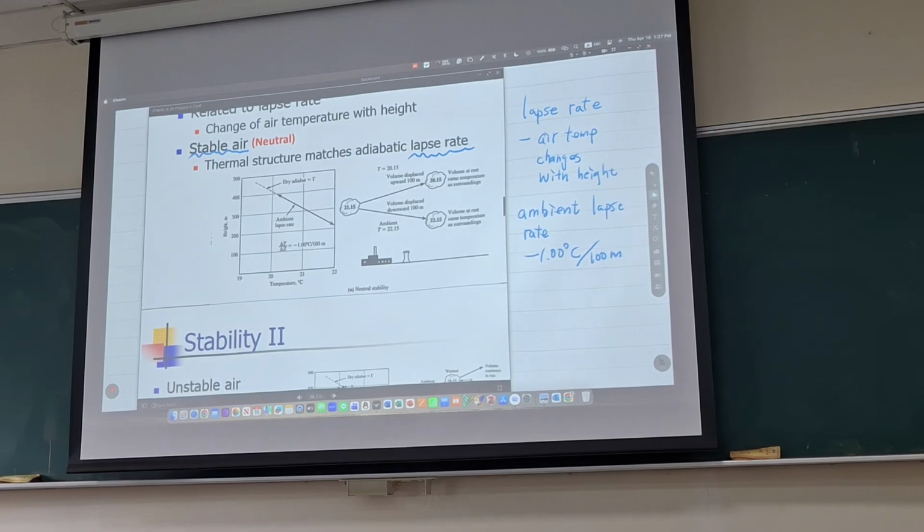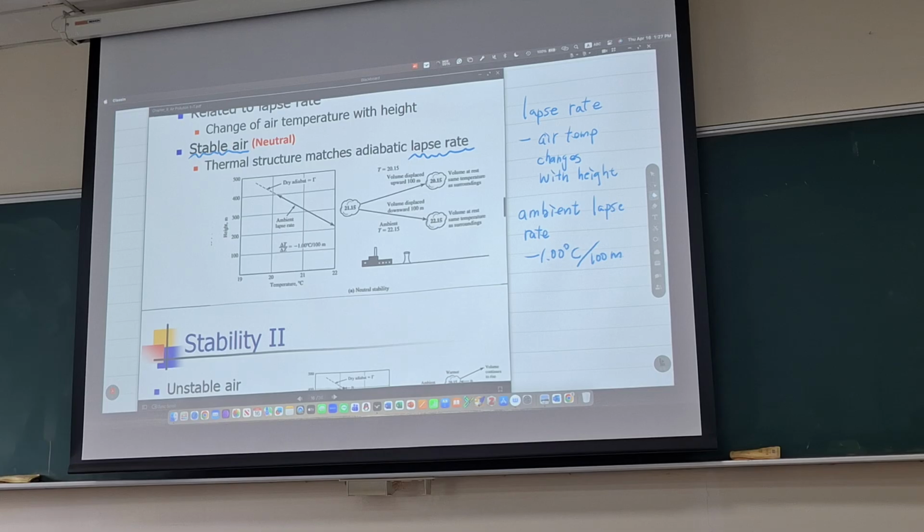Okay? And this value matches the dry adiabatic lapse rate.